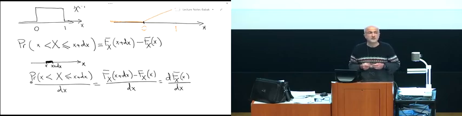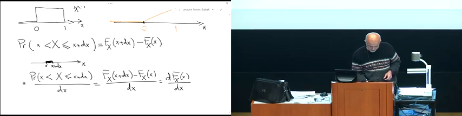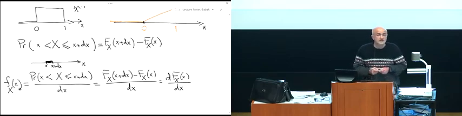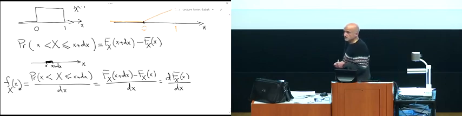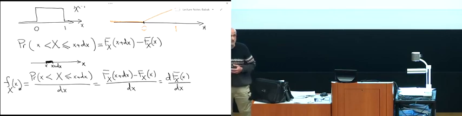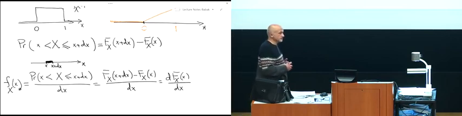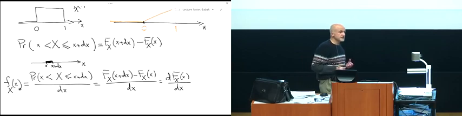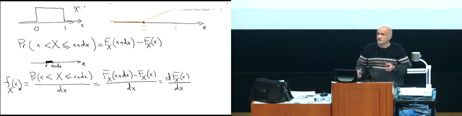Does that make sense now why we call this left-hand side a density? It's a density of probability, right? Mass per unit length, mass per unit time. It has the features of a density. Here, you have probability per unit of the random variable.